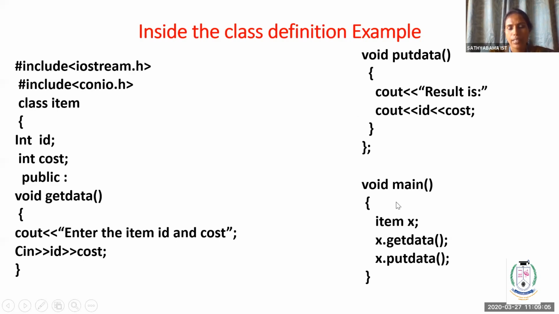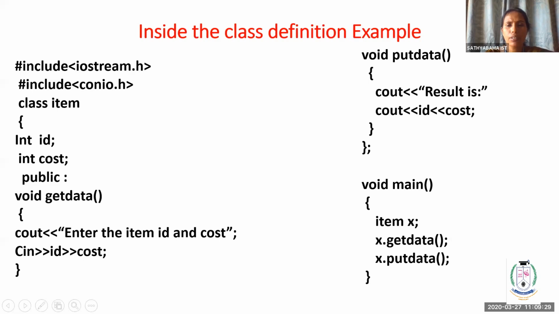Now again, in the main program, you create an object for the class: the class name, space, object name. Using this object name and the dot operator, remember, as a specifier, x dot getData executes getData, and x dot putData executes the putData function.